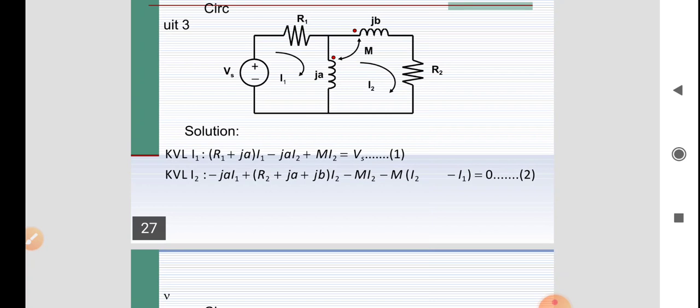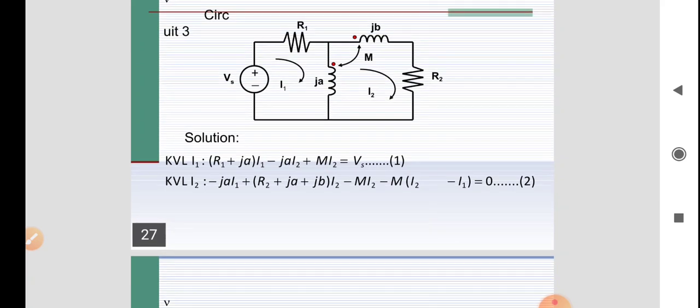As both are in opposite directions, the mutual inductance here is minus M. And as the current we need to write is the opposite current, since I am writing the mutual inductance near Ja, I need to write the current of the other dot. At the opposite dot, the only current flowing is the I2 current. So minus M into I2.